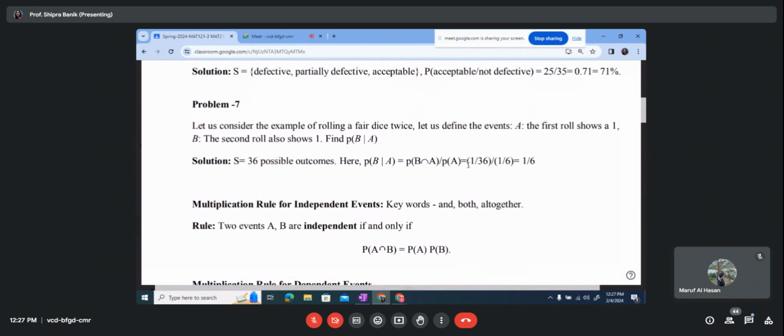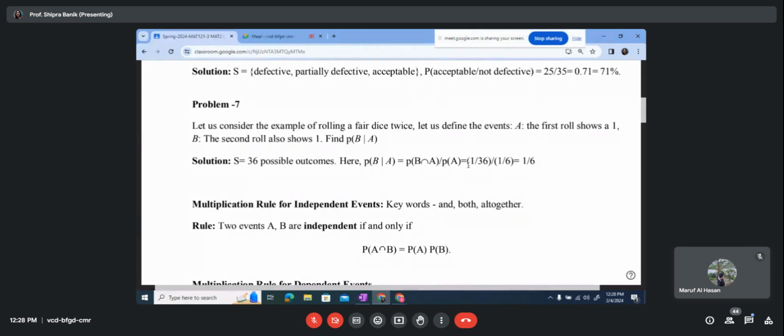And it will be divided by the probability of A. Have a look at the probability of A. Yes, miss. It is 1 by 6, meaning 6 by 36, right? Yes, miss. 6 by 36, they wrote here 1 by 6. Then finally we see the answer is 1 by 6.